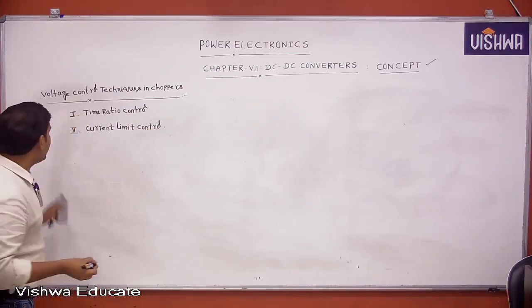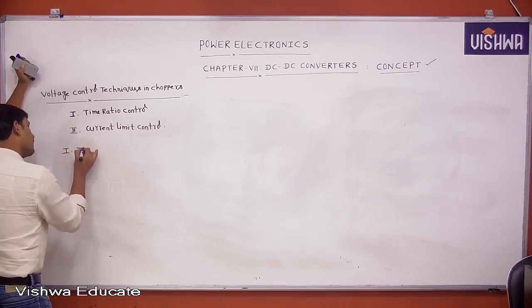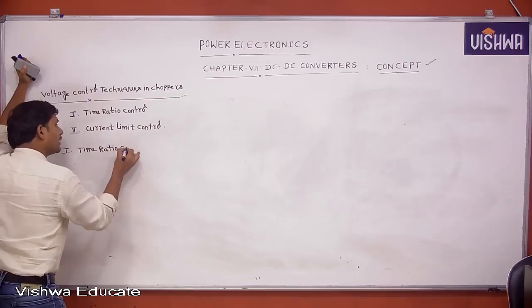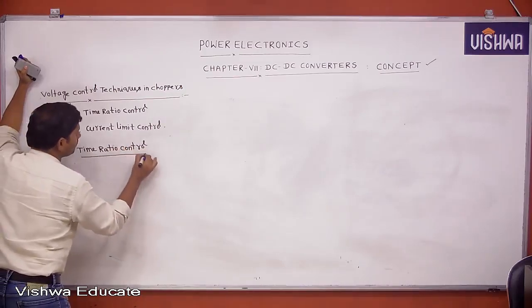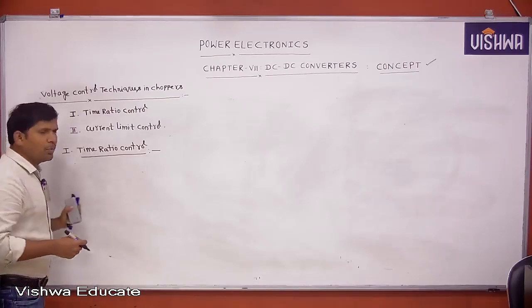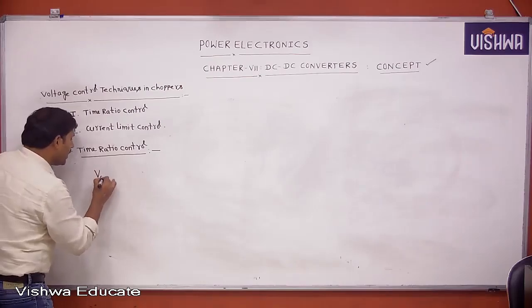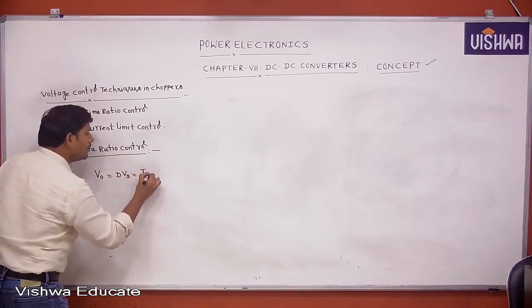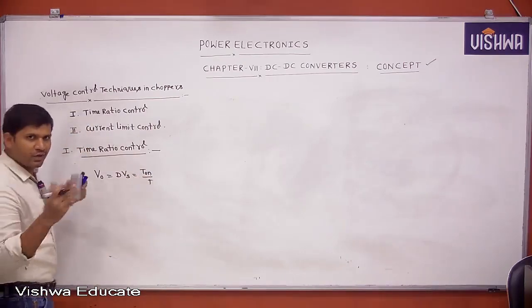Now see what exactly the time ratio control technique is. You know that, take the example of a buck regulator. In a buck regulator, what is V0 equal to? dVs, where d is T on by T. You can take Vs or Vd, any notation you follow.